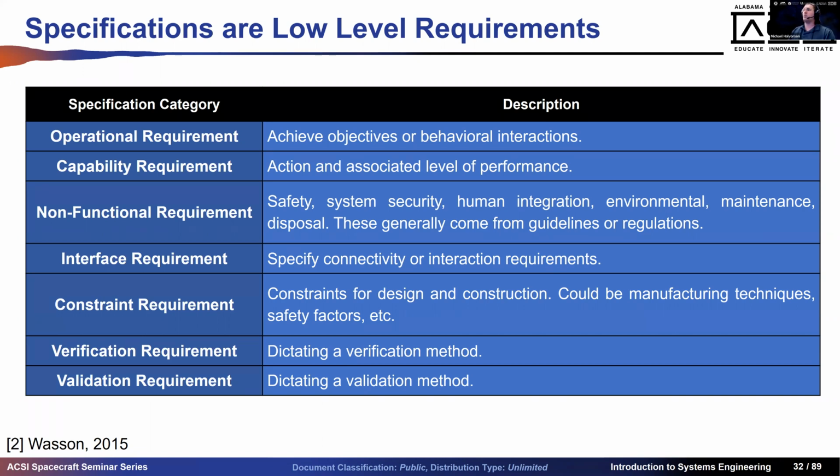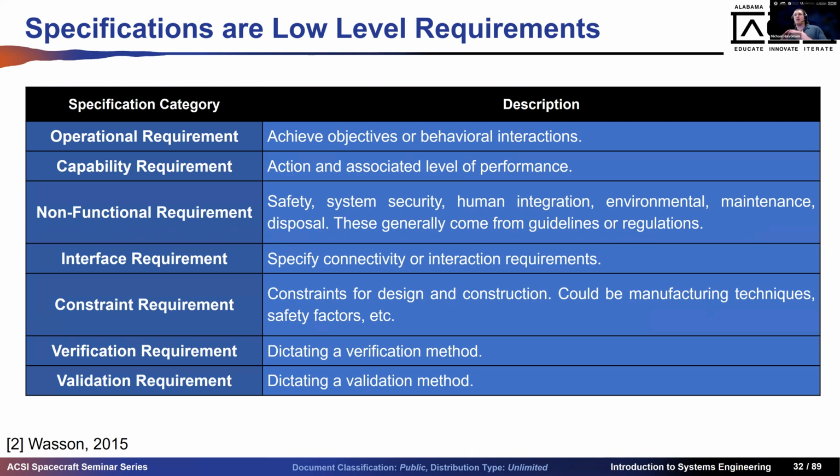Constraint requirements is where you're going to see this structure needs to be built to these tolerances. That's a constraint requirement. Interface requirements: this component is going to speak over an RS-422 communication, or maybe that connector is a micro D 15-pin connector. So those are just examples of the types of lower level specifications.